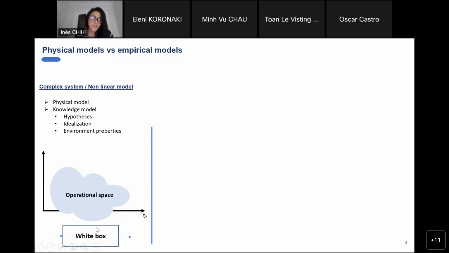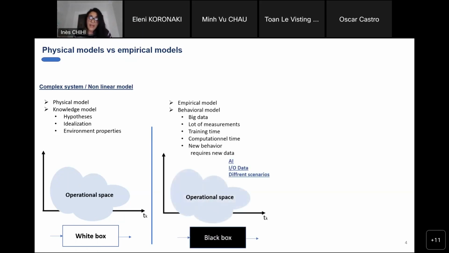If we want to integrate a physical or white box model based on physical equations, it will be very difficult to have a nonlinear model that represents the whole operational space. So as a solution, as I said, there is the black box model.